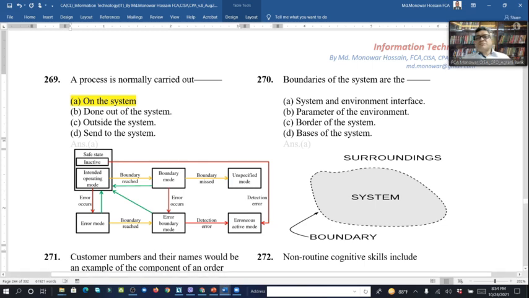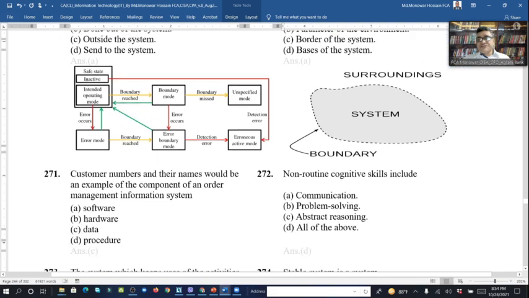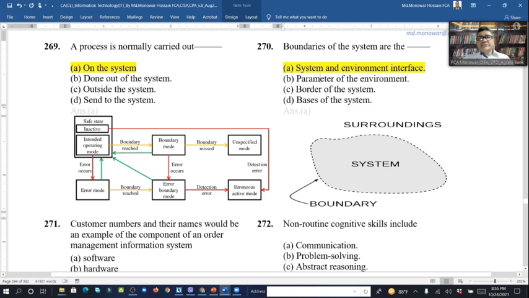Boundaries of the system are the system and environment interface. So look here, if this is the system, and within the surroundings, this is the total boundary and all processes are within that system.